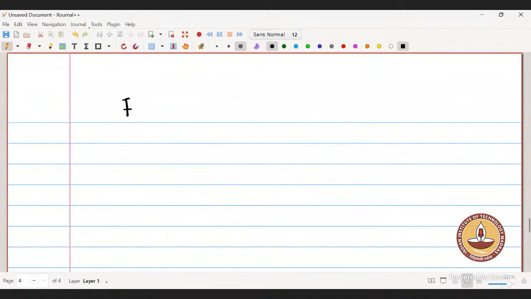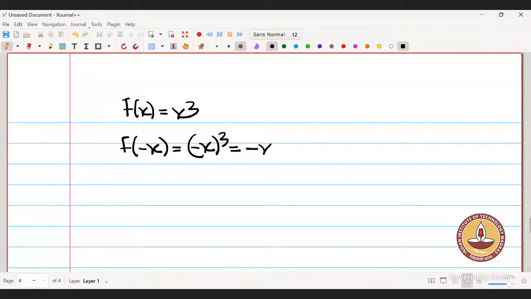So if I consider f of x equal to x cube, then you can easily prove that f of minus x is minus of x cube, which is nothing but minus of f of x. Okay, so this is an example of an odd function, right?